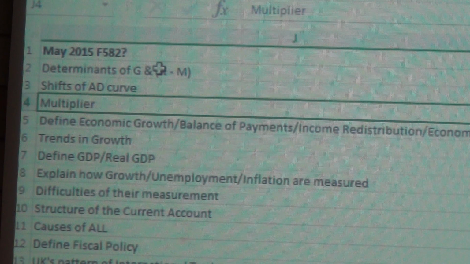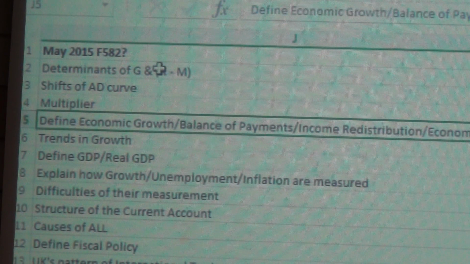Things which you're asked to define, these really should be gimme marks, and you really just need to learn them word for word and regurgitate them where appropriate. So things like defining economic growth, defining the balance of payments, that's an interesting one because it's asking you to define balance of payments rather than the current account. Define income redistribution.